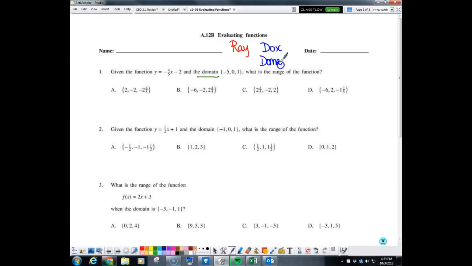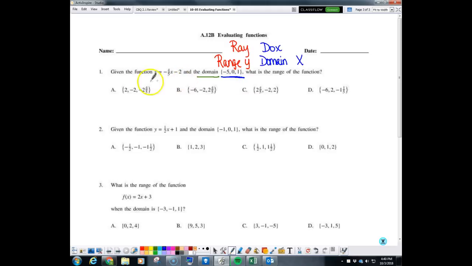Domain is your x, and your range is your y. So what is the range of the function? Basically they're giving us x, the domain. What is y? They're giving us x, which is this right here, and they want to know what y is.